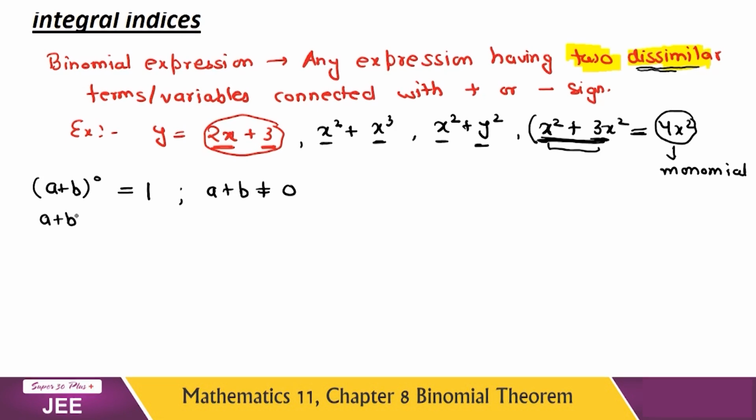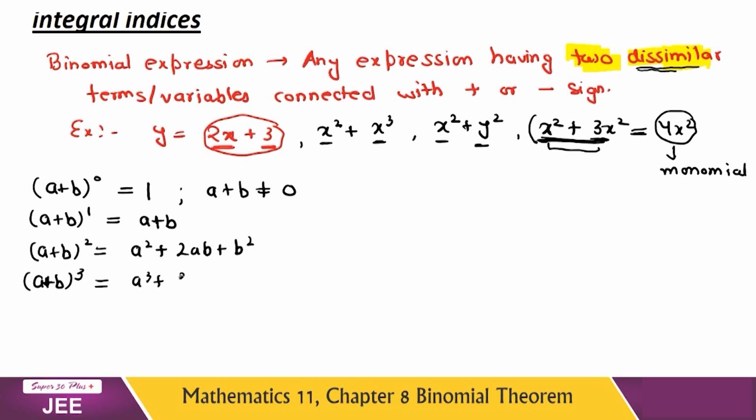Similarly, (a plus b) raised to the power 1 is a plus b. This is very obvious. (a plus b) whole square is a square plus 2ab plus b square. And (a plus b) whole cube is equal to a cube plus 3a square b plus 3ab square plus b cube. These are some of the identities that you have already learned in your lower classes.